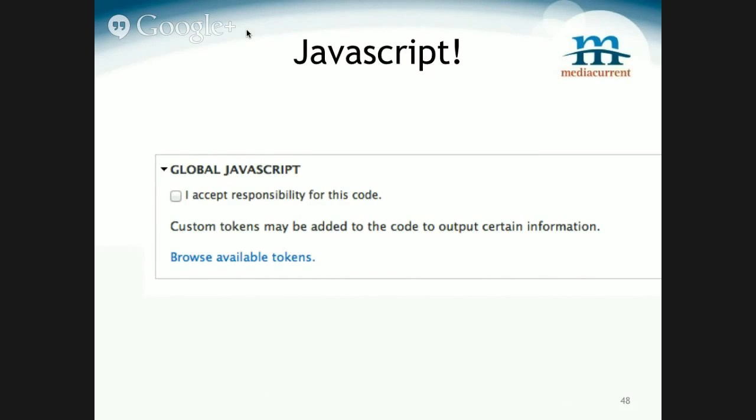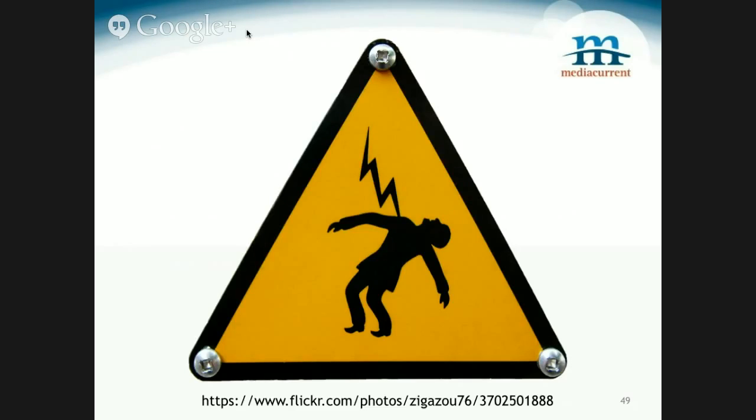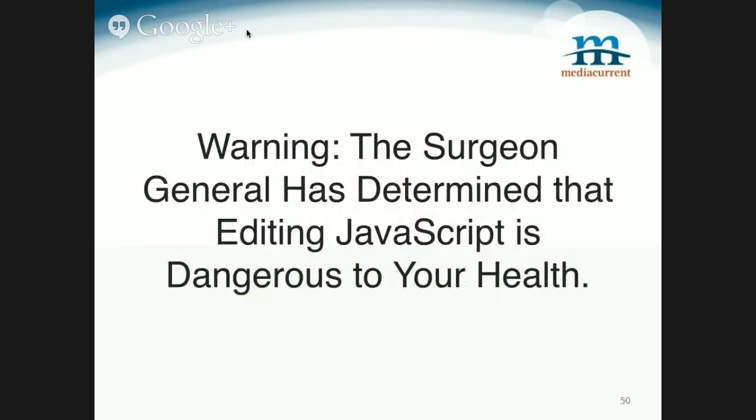And again, more permissions control this too. But we need to disclaim that you can really, really, really cause major problems on a site by fiddling with JavaScript live on air.